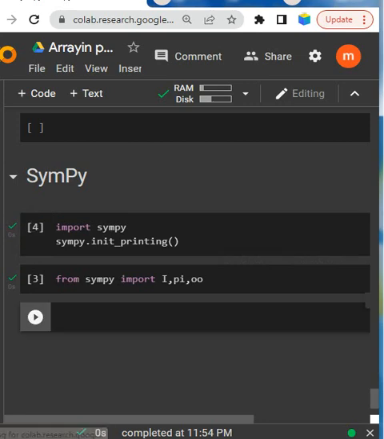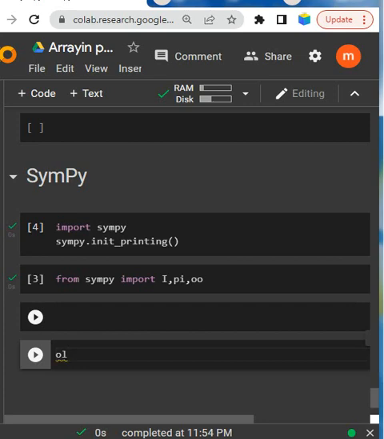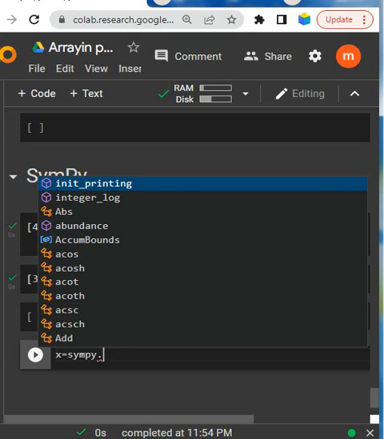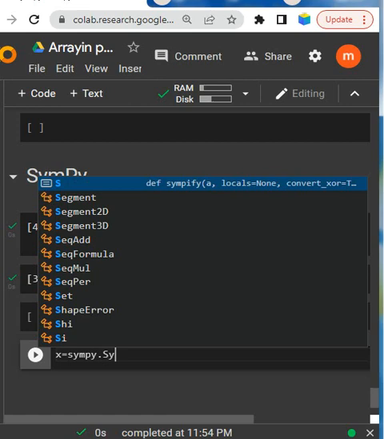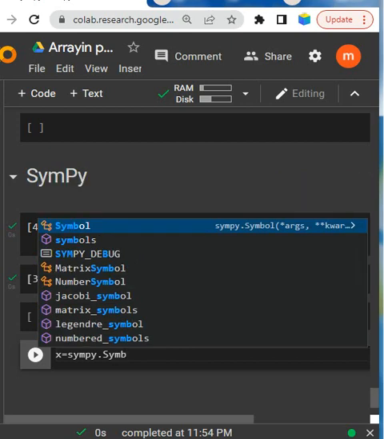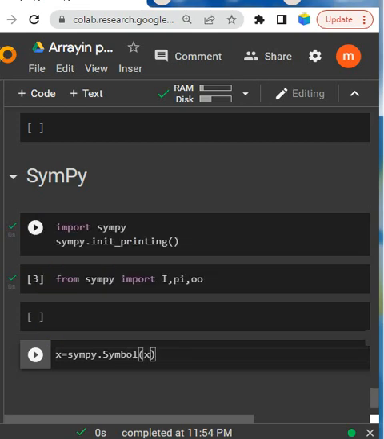Let's see, I am going to write x equals sympy.Symbol, with the symbol name x.